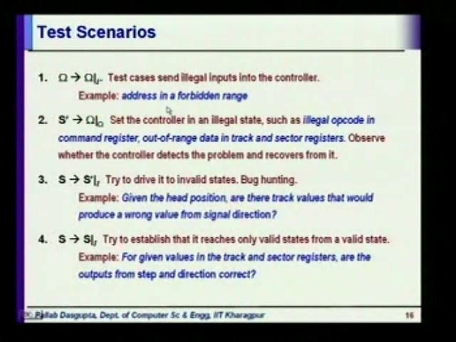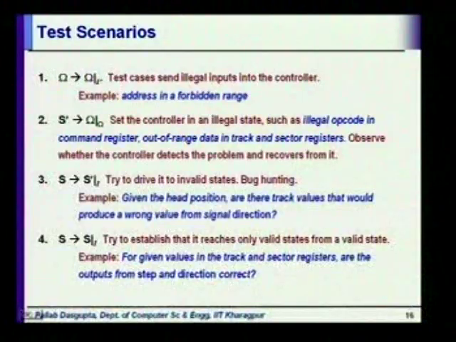Typically, most of the devices that are used, the I/O is address mapped, in the sense that if the address is within a certain range, then the device knows that this is the address for my range of things. If it is outside that range, then it assumes that it is for some other device, right. So, if we have that kind of memory mapped I/O, then what you can do is drive addresses in a forbidden range to see how the disk controller reacts to that.